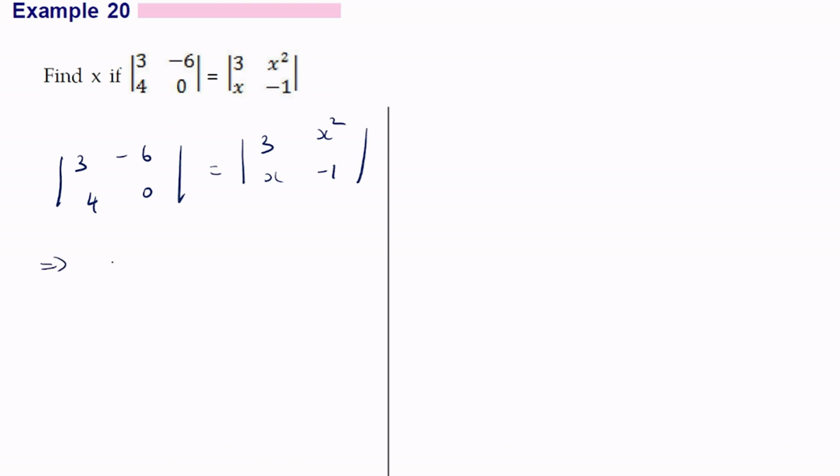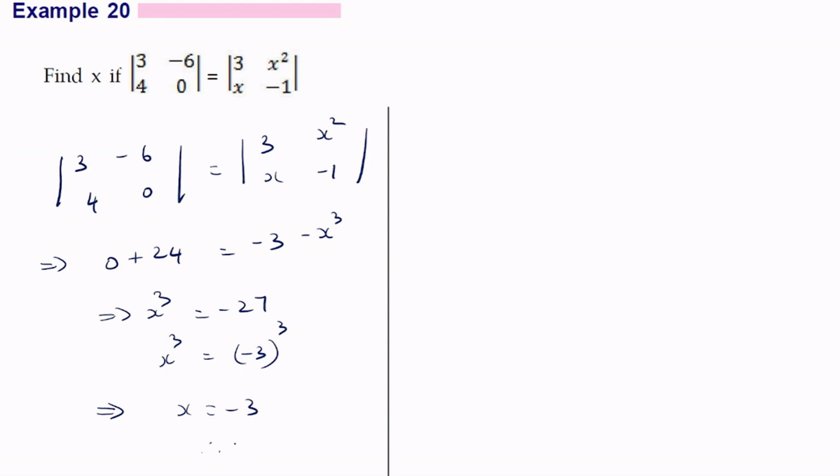So here the value was 0 plus 24 and here the value was minus 3 minus x cube. So from this we get x cube as minus 3 minus 24, which is minus 27. This is minus 27, which is nothing but minus 3 the whole cube. So we get x cube is equal to minus 3 the whole cube. Therefore x is equal to minus 3. So the value of x is minus 3.